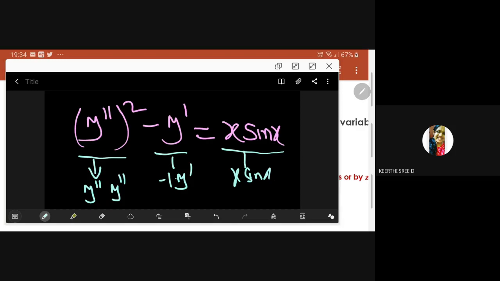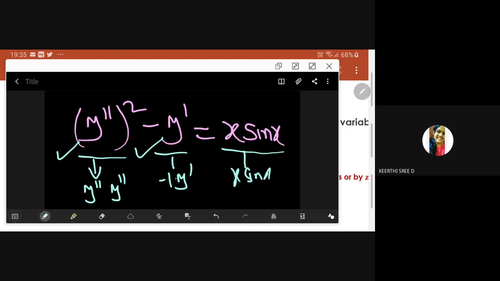Now focus on deciding about the linearity or non-linearity. You need to focus on those terms which involve y. In this case, there are two such terms that determine whether the equation is linear or non-linear.